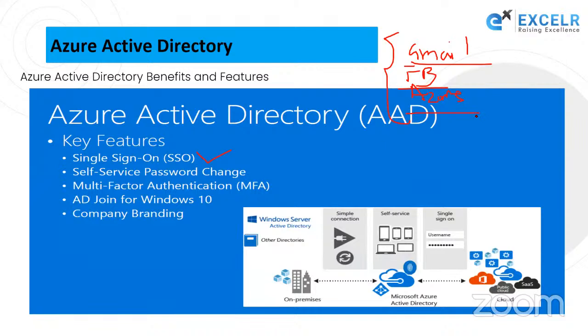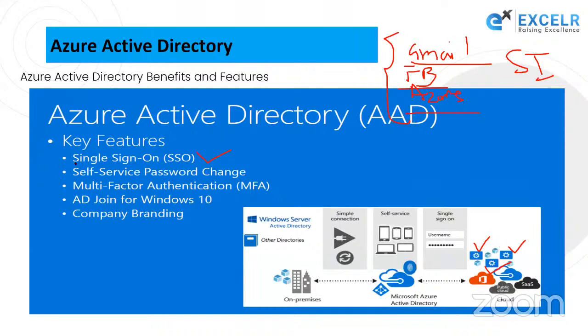This kind of access to various applications by using a social identity provider, these are called social identity providers, and the same user ID and password is used across multiple applications. That is called single sign-on, which means the same username and password are used to connect to multiple applications.